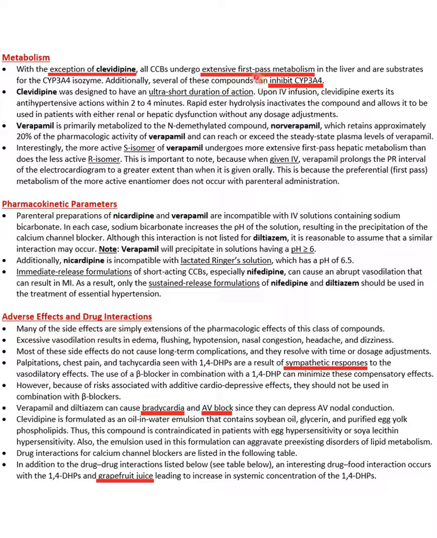There's an exception to this rule, which is the clevidipine. It's actually metabolized through ester hydrolysis. If you look at the structure, it has an ester group that is hydrolyzed, and that's how this drug is metabolized. And in fact, it has a short duration of action, which makes it perfect for IV infusion.